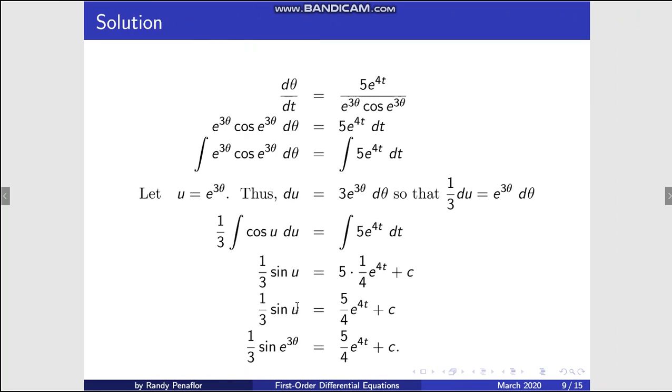Now replacing this u by e to the 3 theta, we get 1/3 sine e to the 3 theta equals 5/4 e to the 4t plus c. This is now our general solution. This completes our solution for example 2.